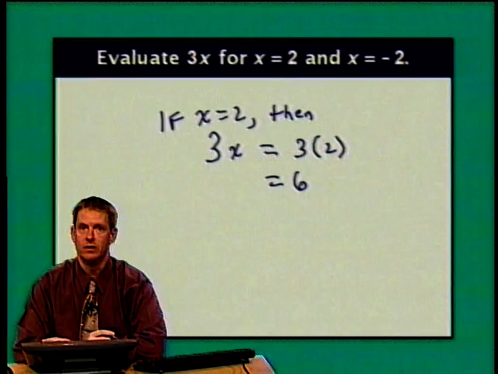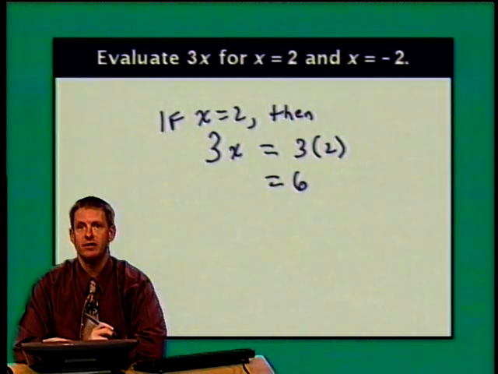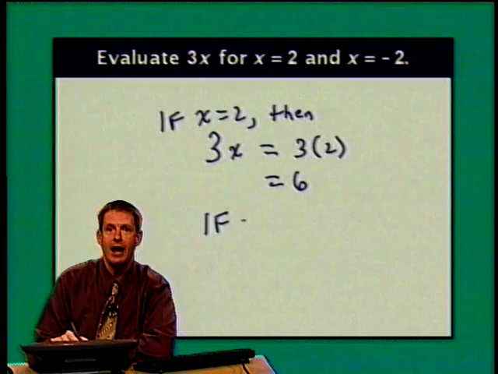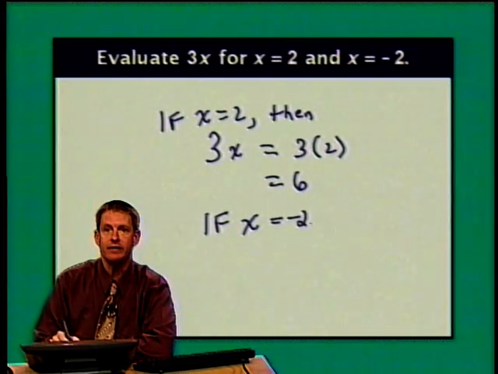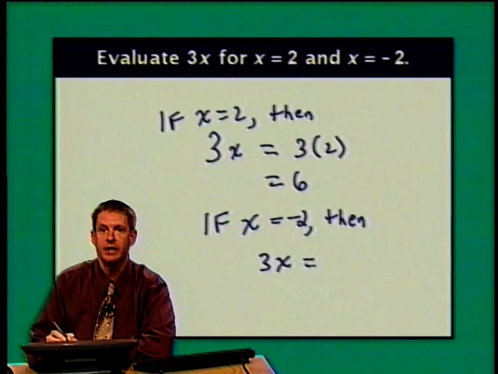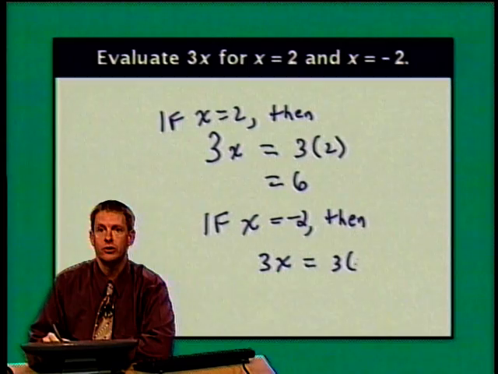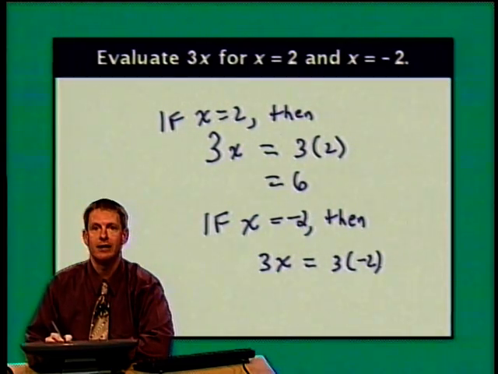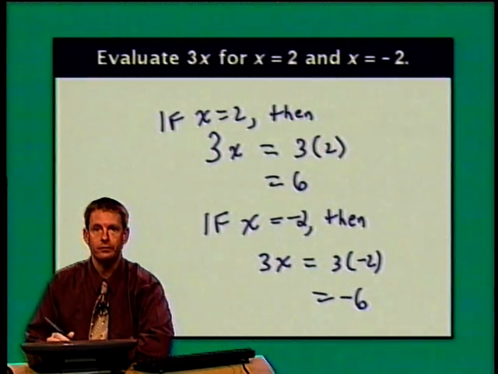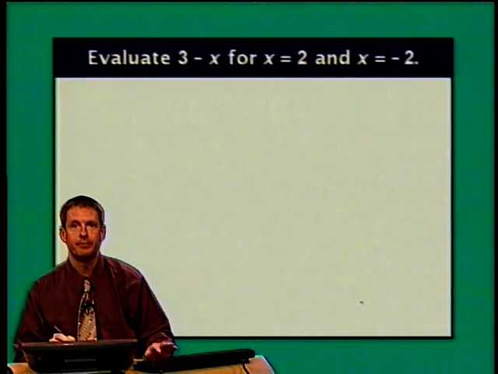If x equals 2, the value of the expression 3x is 6. I have evaluated the expression 3x when x equals 2. If x equals negative 2, then our expression 3x, which is short for 3 times x, is equal to 3 times negative 2, which is negative 6.